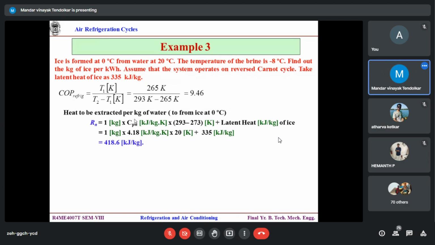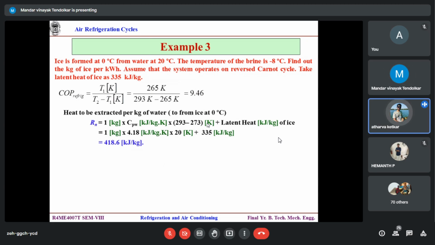I am calculating per kg of water, whatever the total mass. Everything is per kg. Even though delta T is 20 degrees Celsius, the major contributing factor out of the total answer 418 is this 335. If you miss this, your answer is absolutely hopeless.